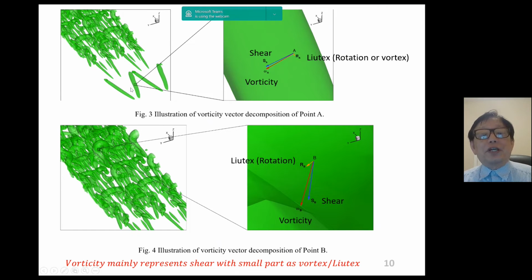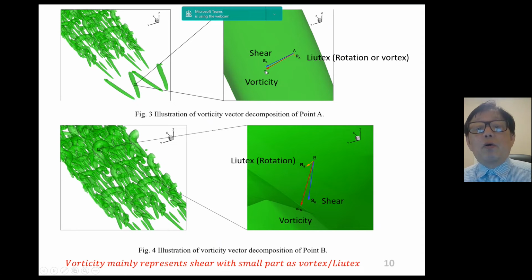Look at these computational results. This is DNS for flow transition. We pick a point from the leg of a lambda vortex, because we can easily define it. R is the Liutex rotation.